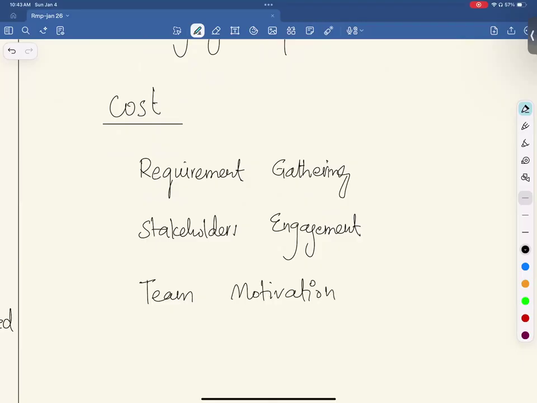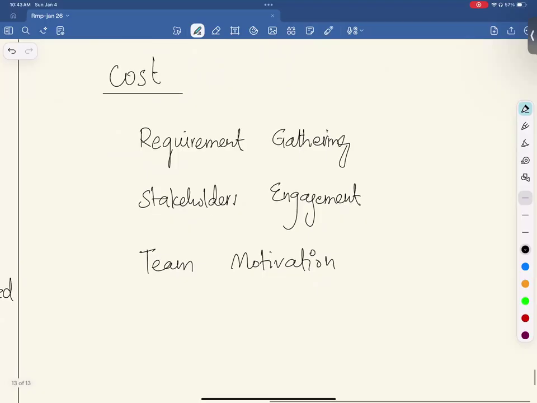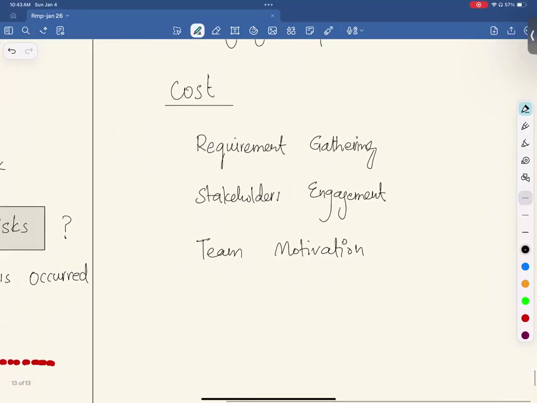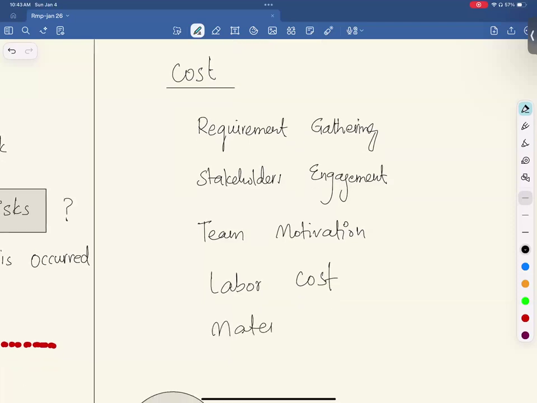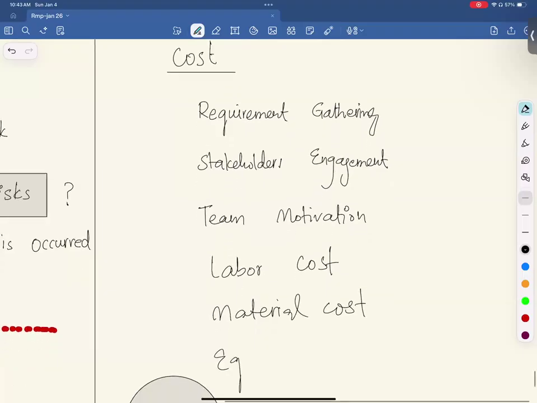These are different factors. And then it depends on, let's say, labor cost, cost of raw material. So these are different factors that will potentially impact the overall cost of your project, equipment cost.